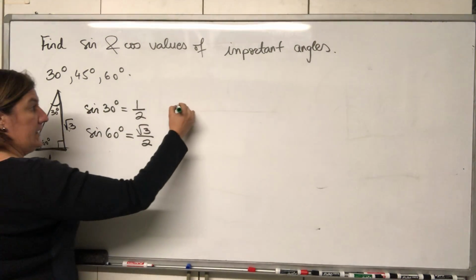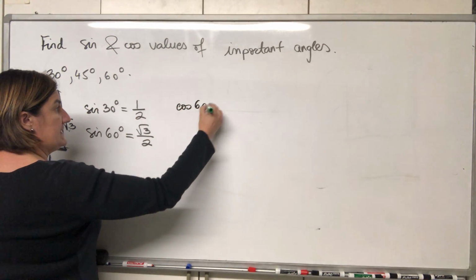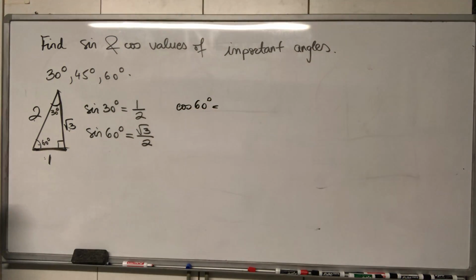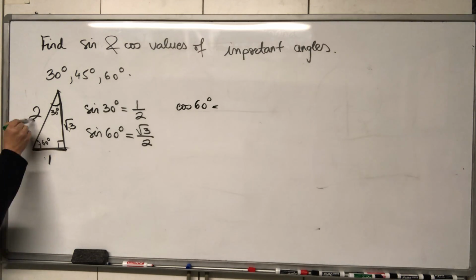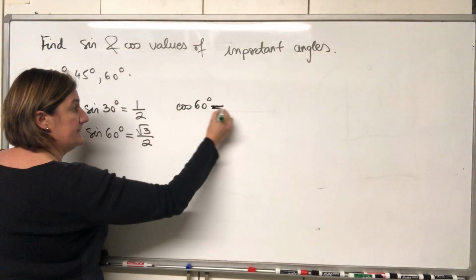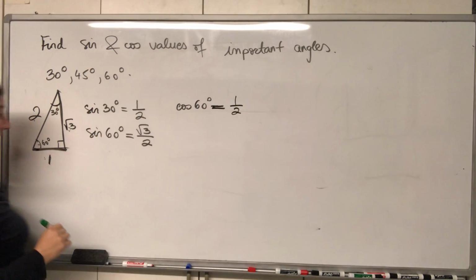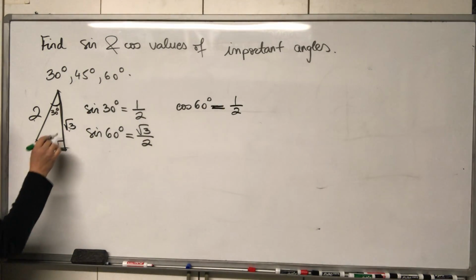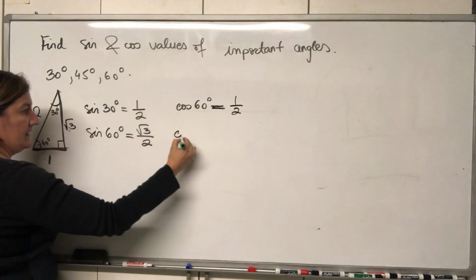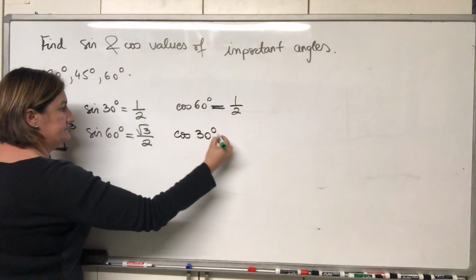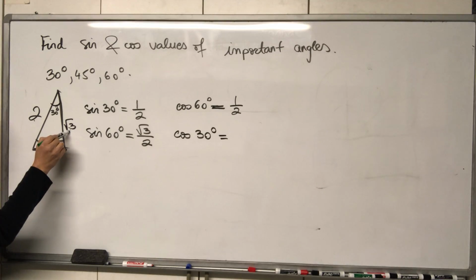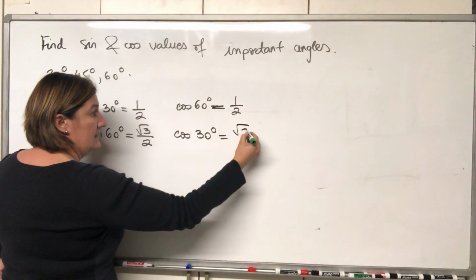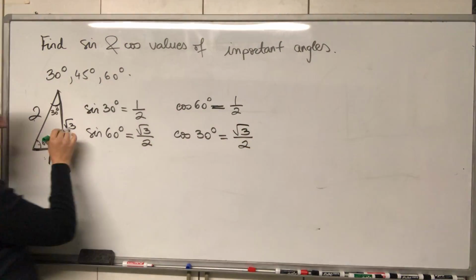Now, on the other side, what's cosine of 60 degrees? Cosine of 60 degrees is its adjacent side over the hypotenuse. So that's 1/2. And then cosine of 30 degrees is equal to the adjacent side, which is square root of 3, over the hypotenuse, which is 2.